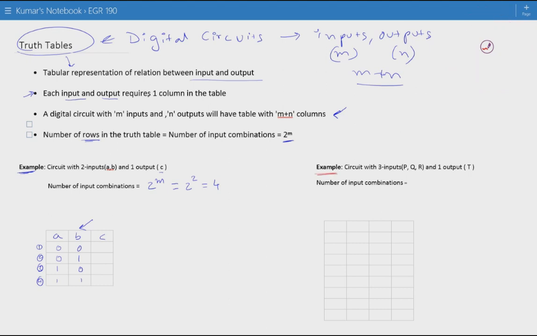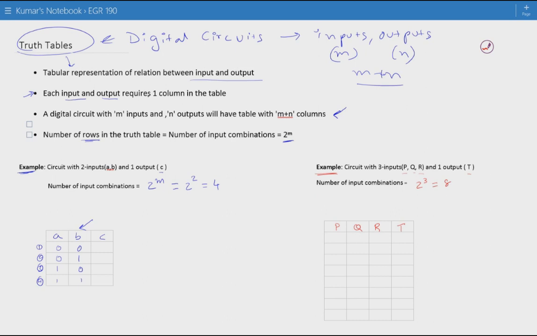Now let's look into the example on the right side. We have a circuit with 3 inputs P, Q, R, and one output T. The number of combinations is 2 to the power of 3, which is 8. So let's fill this truth table. We have input P, input Q, input R, and output T. How do we fill this?